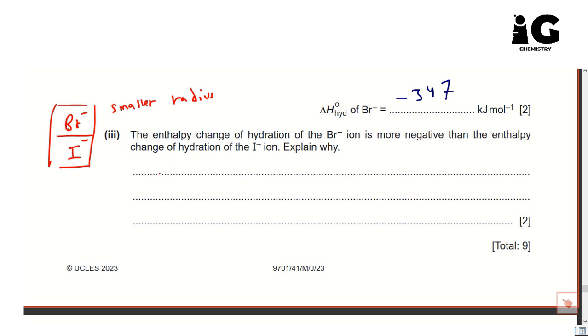Okay, so first of all, we need to say that this is because Br minus has a smaller radius, or you could say ionic size. And as you know, guys, the smaller the ionic size, the more attraction with water molecules.